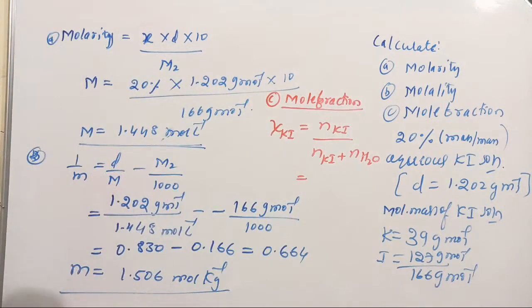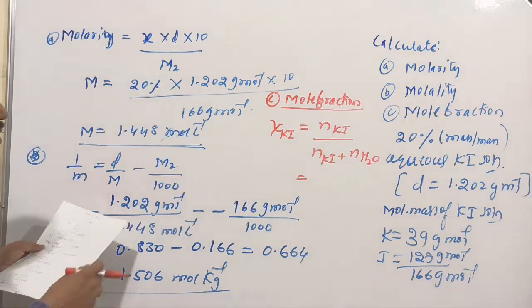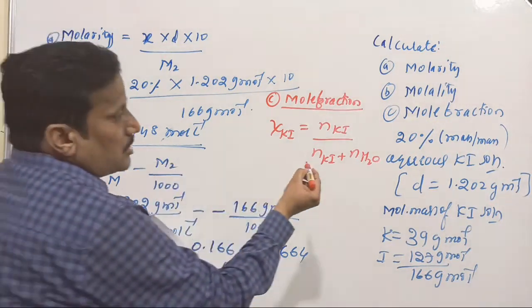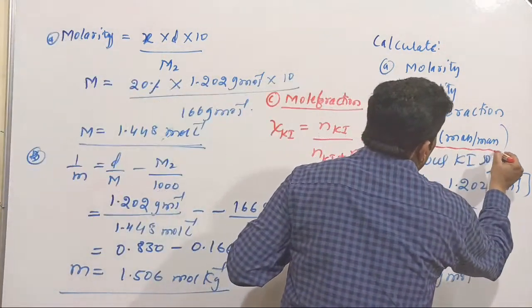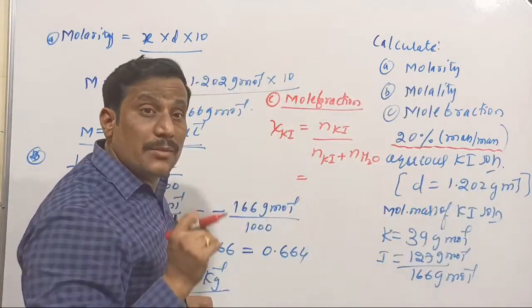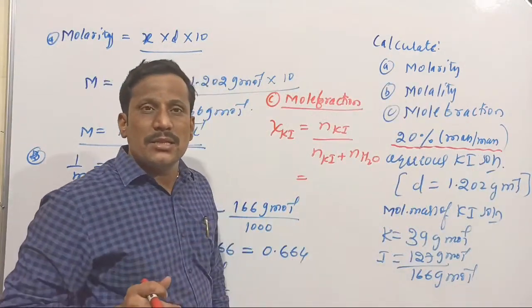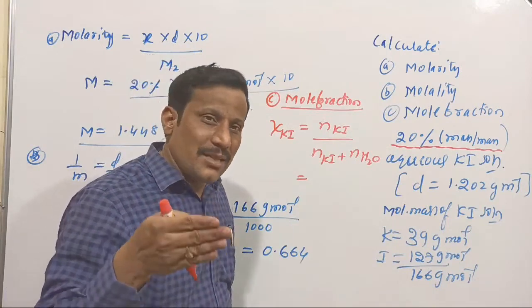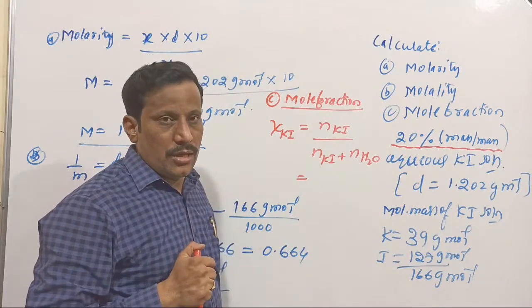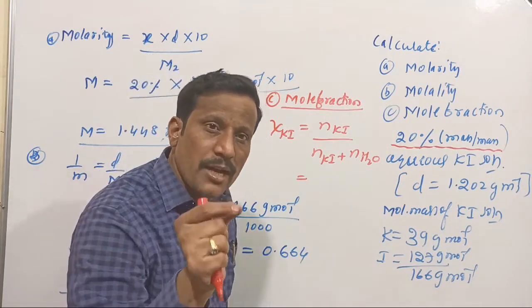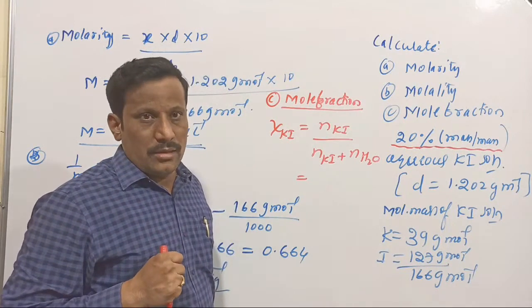Number of moles of potassium iodide you have to calculate. Molecular mass is 166. They have given a 20% solution. See, this is 20% by mass. What is the meaning of 20% mass by mass? 20 gram is potassium iodide, 80 gram is water.